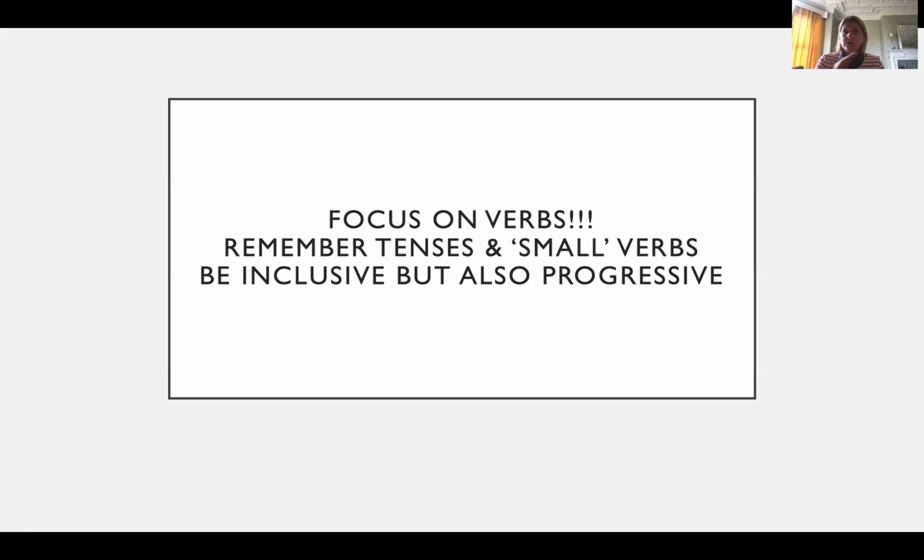But if my children already know that verb, then I need to be increasingly saying, "Can you describe for me? Can you explain? Can you instruct your partner?" I don't want my language enrichment to not move on, because if I'm wanting the children to move on, then my language has to move on as well, but to go back to the basics where I need to with certain specific children.